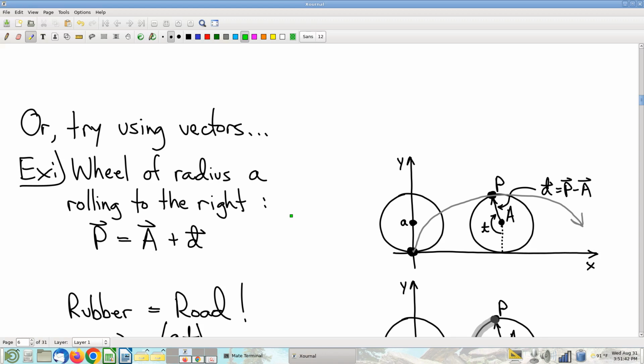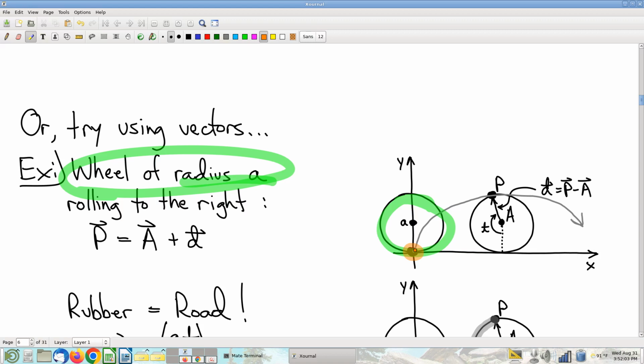What we have here is a wheel, and on that wheel, radius a, we have a reflector. And as this wheel rolls, and I'm having it roll to the right, use your physical imagination. Pretend this is a bicycle, for example.